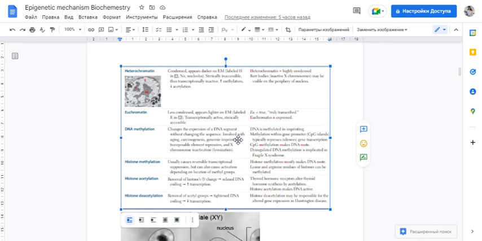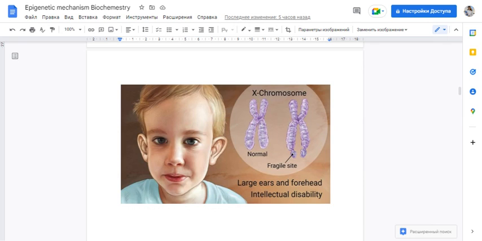There's also a disease associated with pathologic methylation of DNA. It's called fragile X chromosome. It's called fragile because of the site, like methylated site make DNA look like it's fragile, and this part can fall off anytime because these parts are condensed.